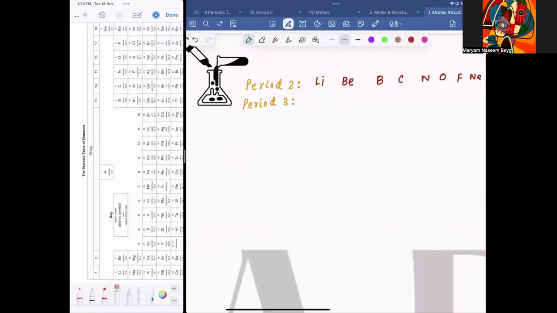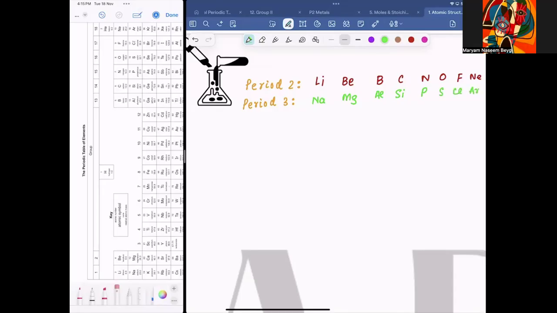So we have sodium, then magnesium, then aluminium, then silicon, then phosphorus, then sulfur, then chlorine, and then argon.